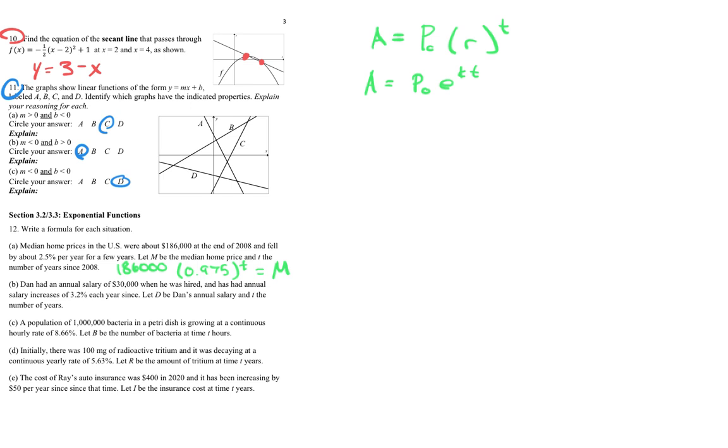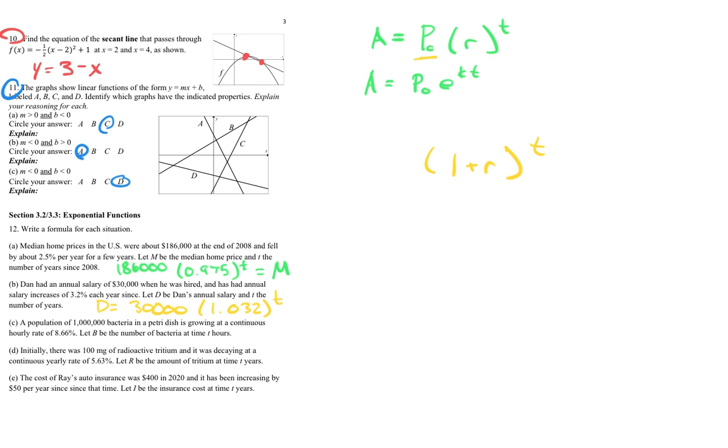If we increase 3.2% per year, that's going to be 1 plus r to the t, so our rate is positive and increasing. So D equals our annual salary: our initial amount, which is this right here, times our rate, 1.032 to the t, where t is the number of years.